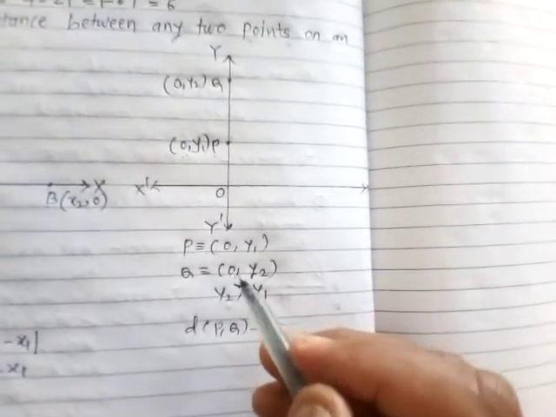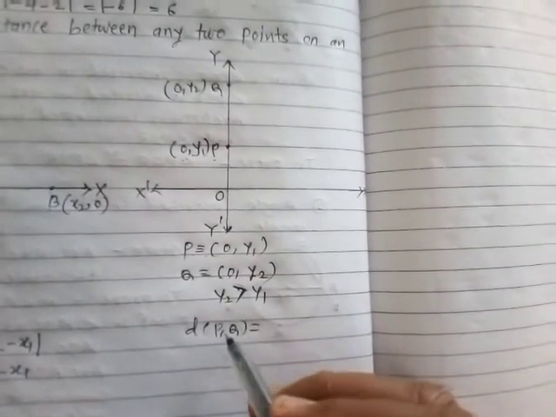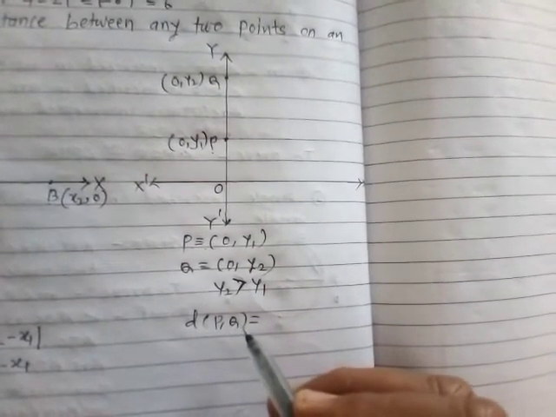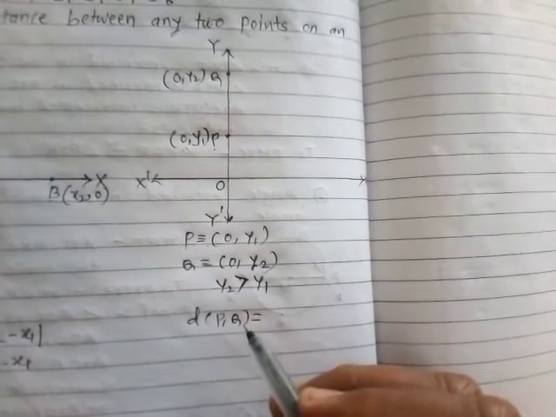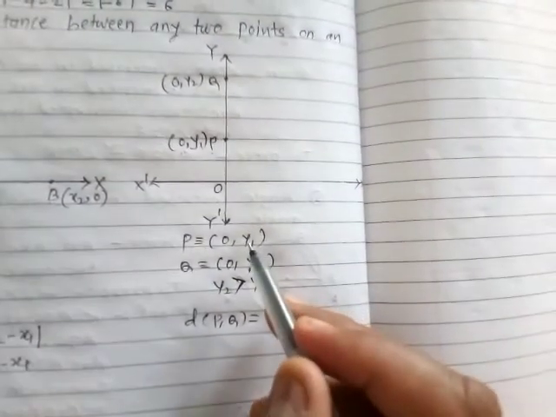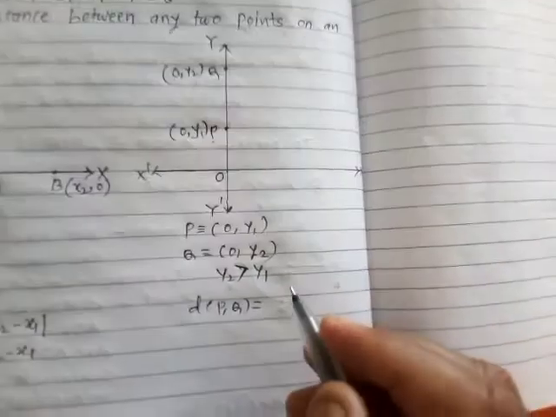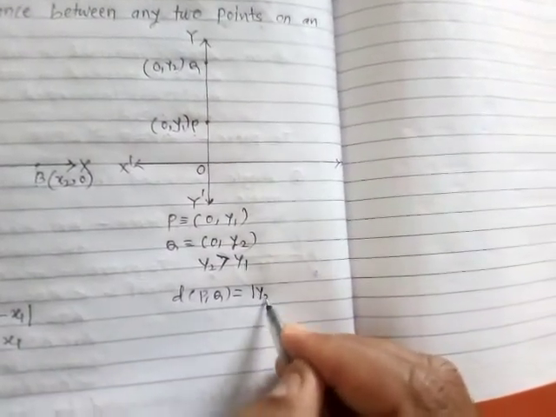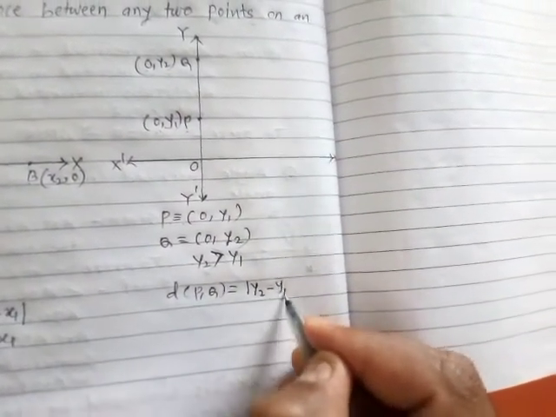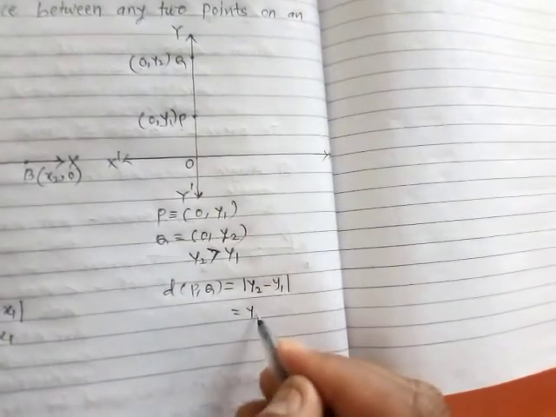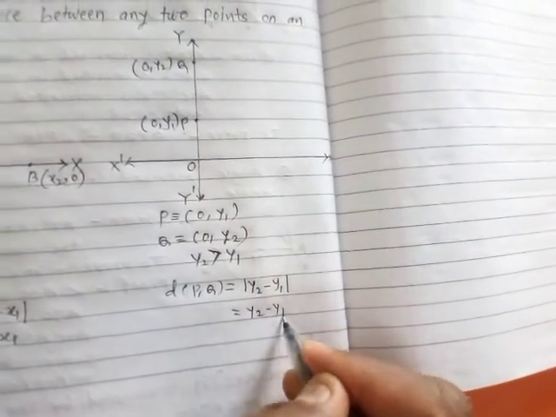Then we can write the formula for the distance of PQ as the coordinate of P minus the coordinate of Q. The differing coordinates are y1 and y2. Therefore we write y2 minus y1.